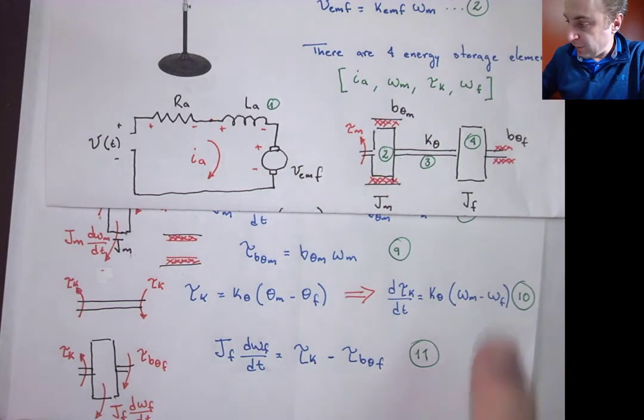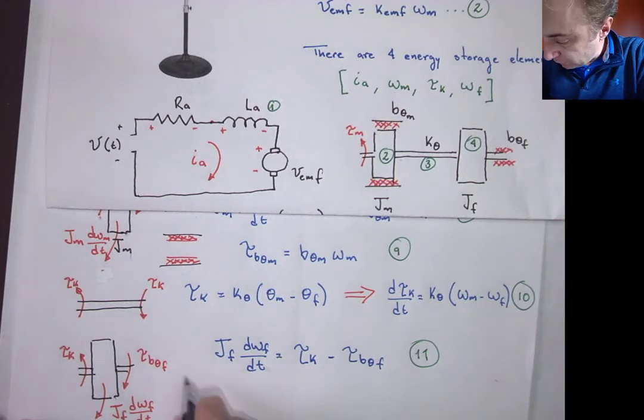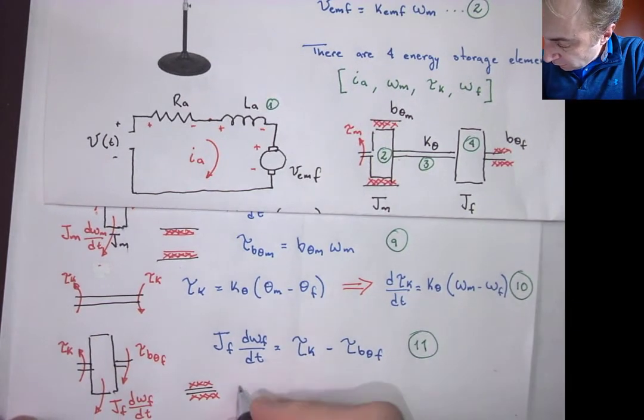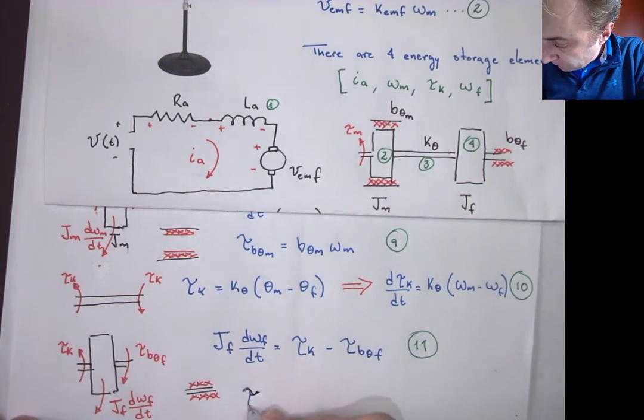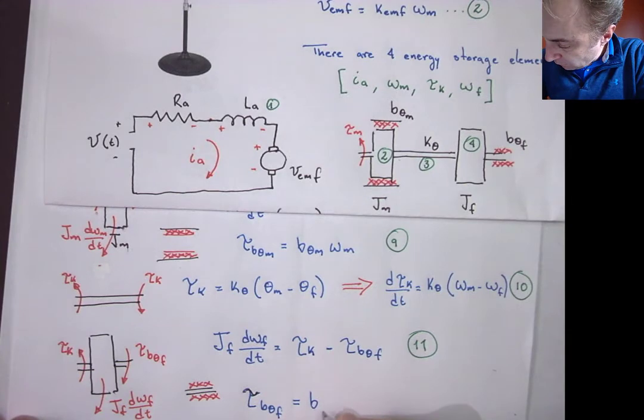And finally we have the final friction here, and so I'm just going to do it. I'm using blue: tau b theta f is equal to the damping coefficient times, in this case, omega f.